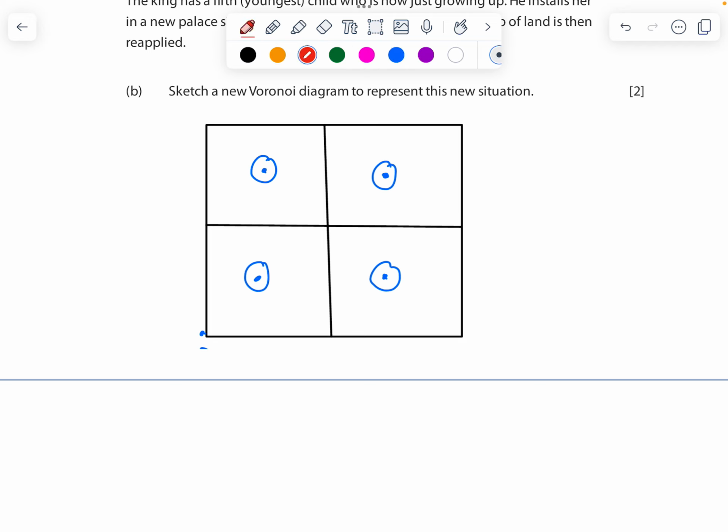Now what will happen is the boundaries go from here, here, and here, this way, this way, and this way. This is going to be the area for the fifth child.